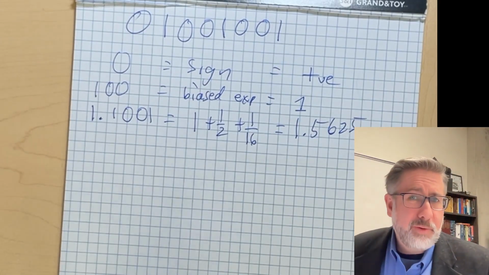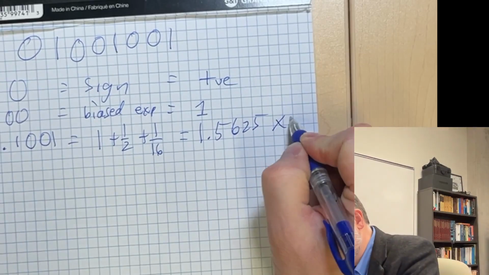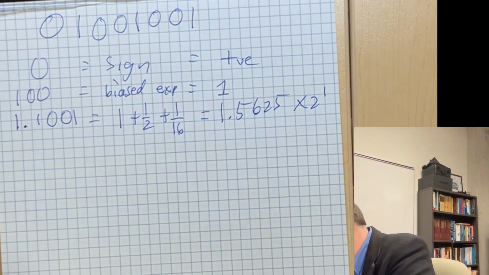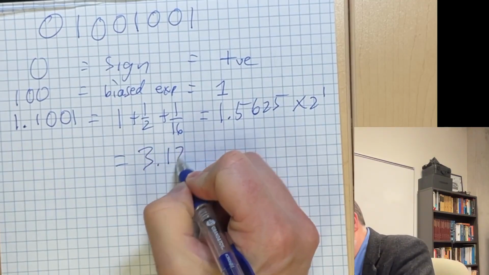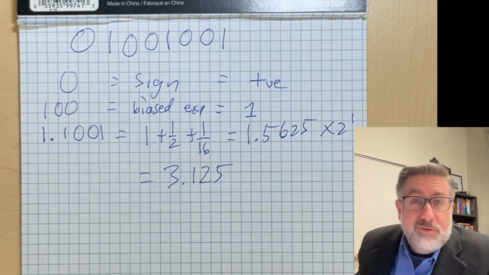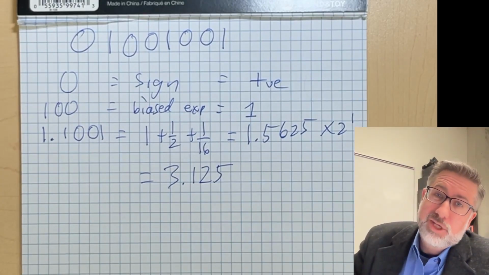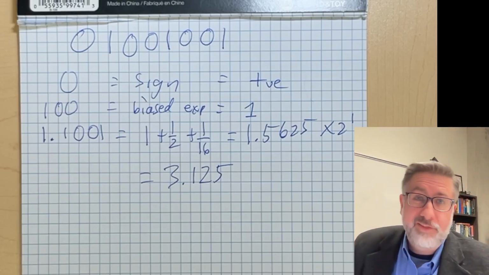Well, that's nothing near what we tried to do. But we forgot to multiply by the exponent. So we need to say times 2 to the 1. So we multiply by 2, and we get 3.125. Wow. We wanted to represent 3.14. The number we got was 3.125. So this is not the number we wanted.